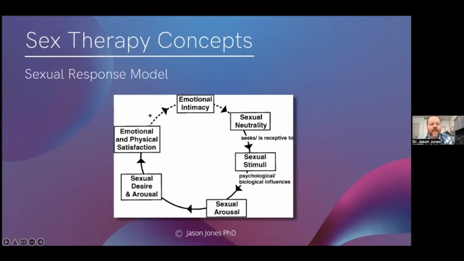So you don't have to have desire first before you get aroused. You could have sexual arousal that actually stimulates desire, or you could have an orgasm that actually stimulates desire. So it's much more cyclical. Well, it is cyclical, obviously, compared to the Masters and Johnson, very linear stepwise. So that's a major improvement, especially in terms of female sexuality.